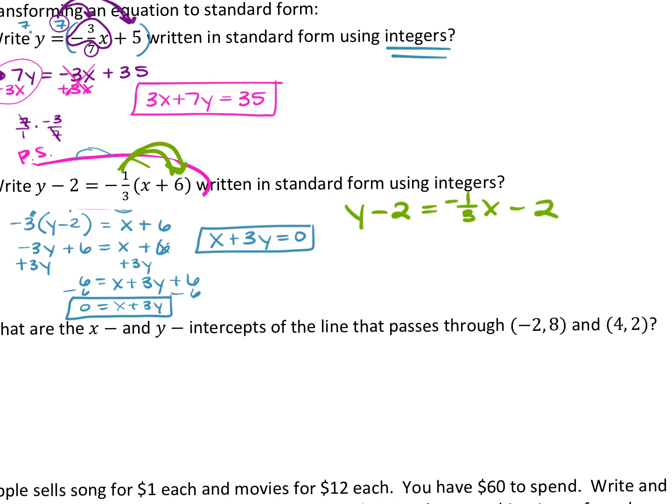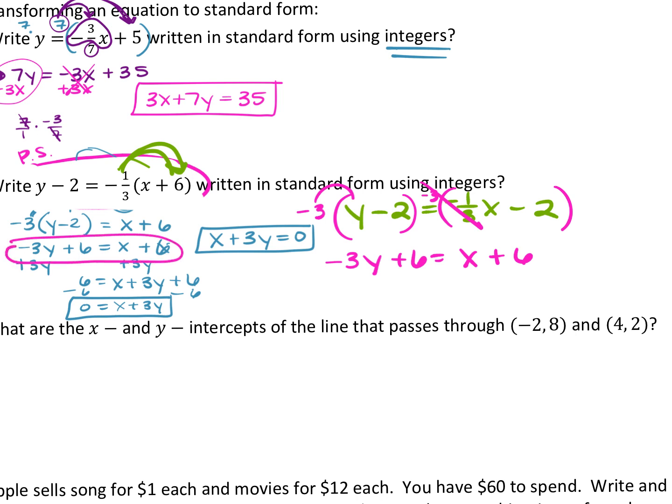Okay. Now get rid of the fraction. So now if you want, you can multiply both sides by -3. So you get -3y plus 6 equals, that's 1, x. -3 times -2 is a positive 6. Okay, and now we're right back where we were here.